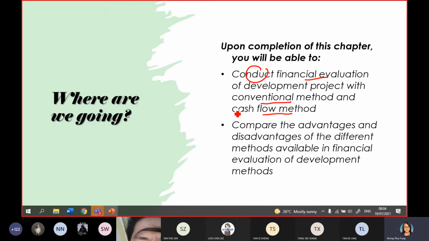Generally, we will divide it into the conventional method, which refers to the profit method and the residue method. I also will talk about the benefit of using the cash flow method at the end of the class. The second objective is that you will be able to compare the differences between all these methods, and the advantages and disadvantages of the methods available in financial evaluation.